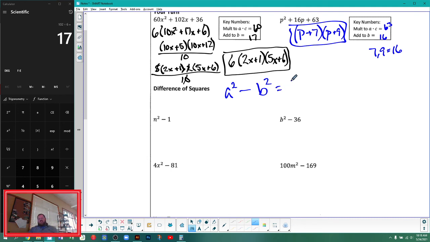And it turns out that this is equal to the first one plus the second one times the first one minus the second one.